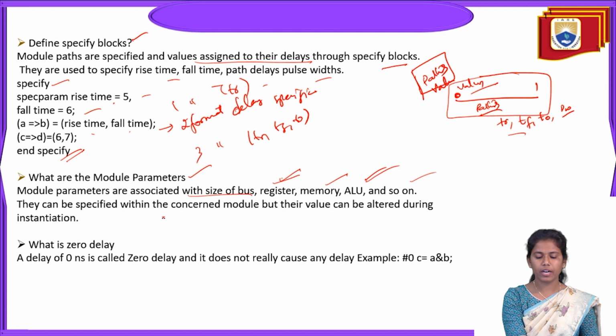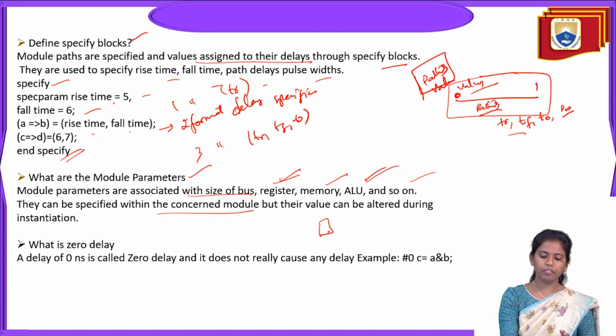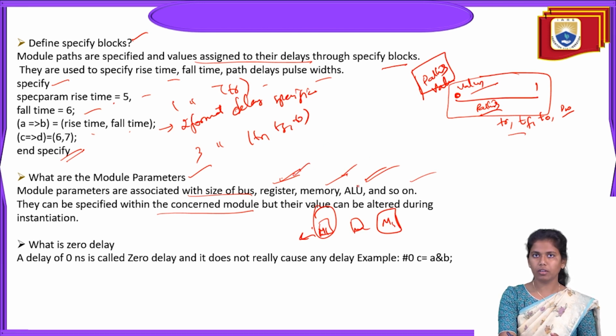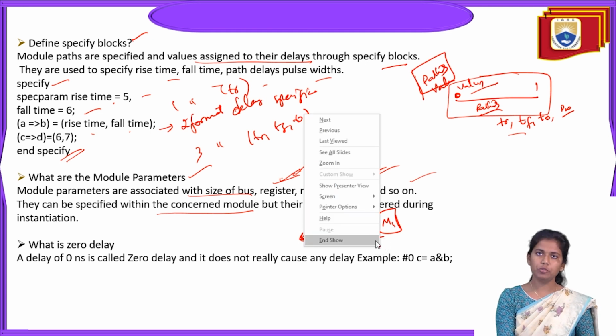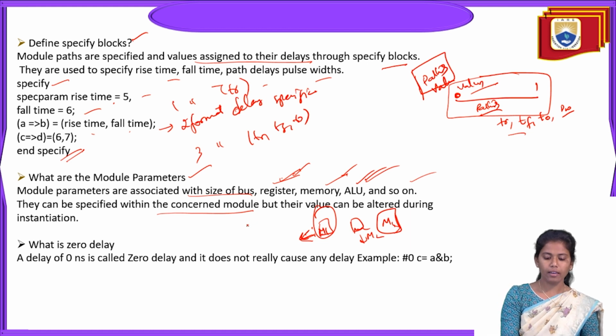They can be specified within the concerned module. So if you are modeling 3 different modules, module 1, module 2 and module 3, then for module 1 I need some parameters, in terms of registers, memory, ALU and buses. The parameters meant for this are different from M2, and the parameters meant for M2 may differ from M3.